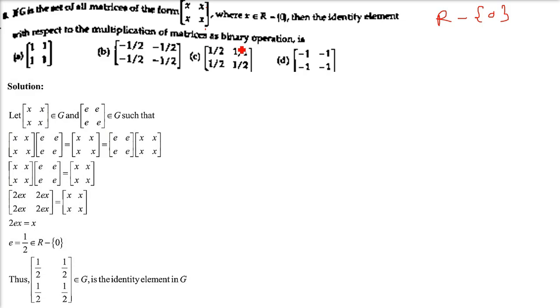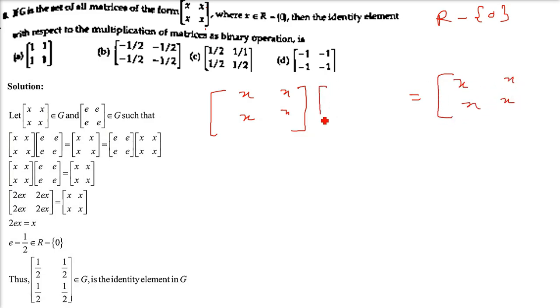Okay, so we have to find the identity element. The identity element is such that when you operate it with any element that also belongs to this set, the same element should come back.